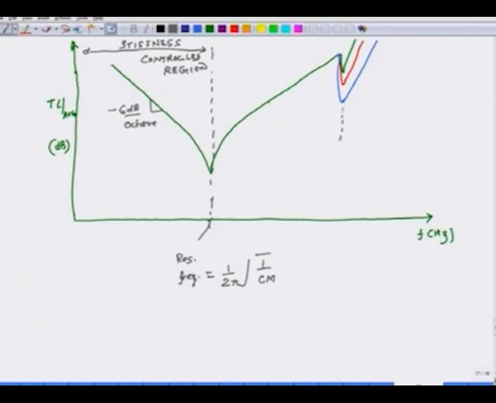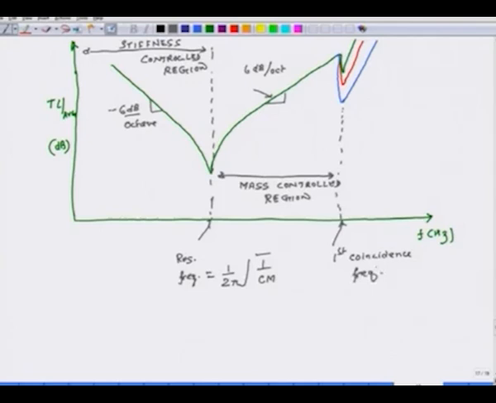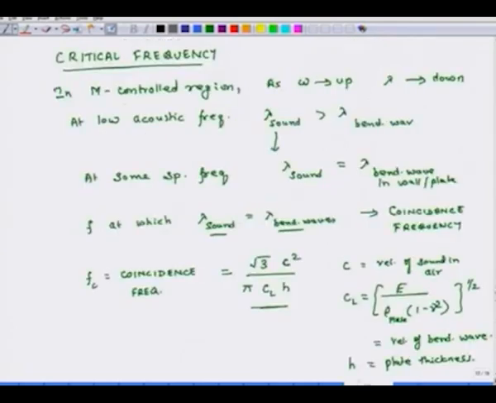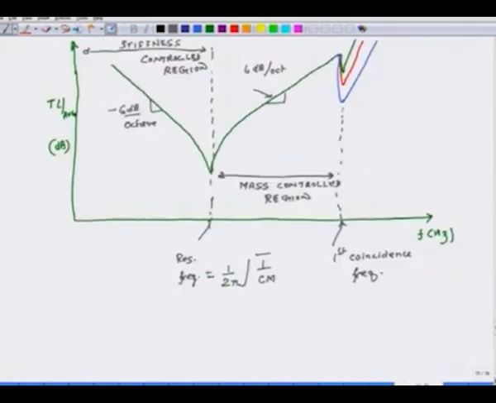Then up to this range, this is the mass controlled region, and here the slope is once again 6 decibels per octave, but it is a positive slope. Then this is my first coincidence frequency, and the value of coincidence frequency has been defined here.